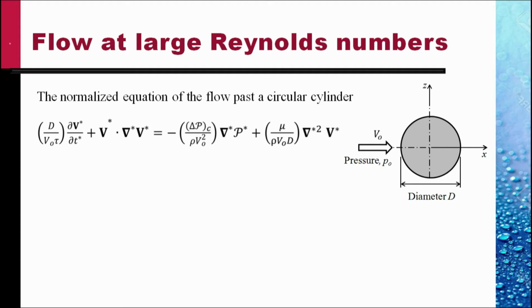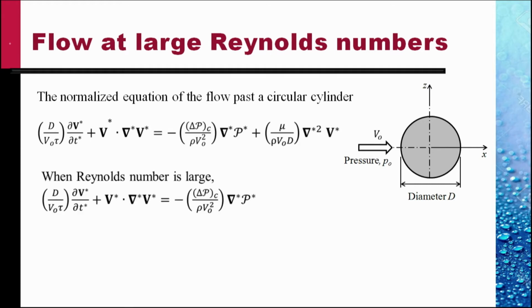We start with the normalized equation for the flow past a circular cylinder. Here, each variable has been rendered dimensionless by normalizing it with respect to a characteristic quantity. When Reynolds number is large, the viscous terms become small and can be neglected.